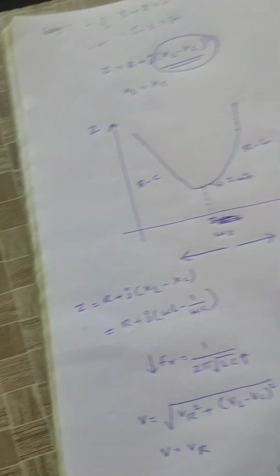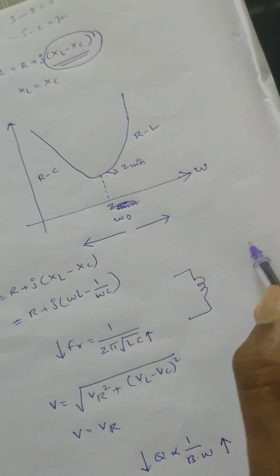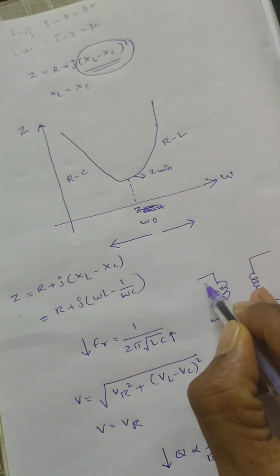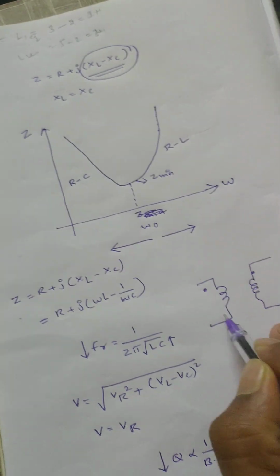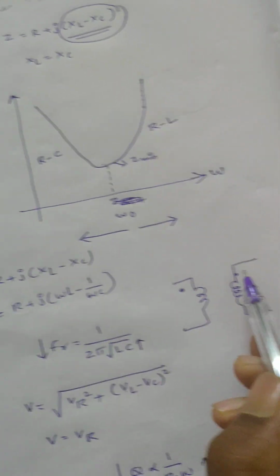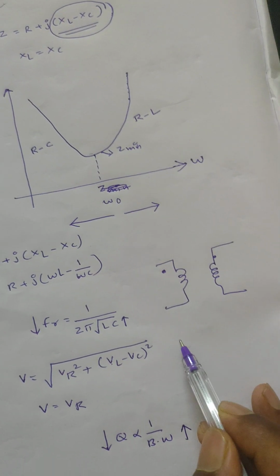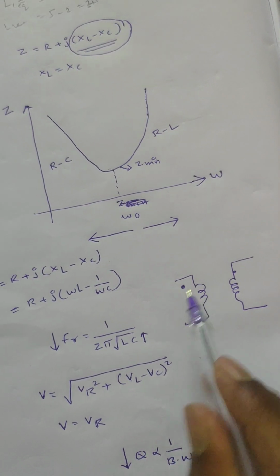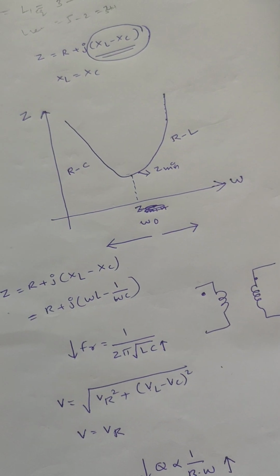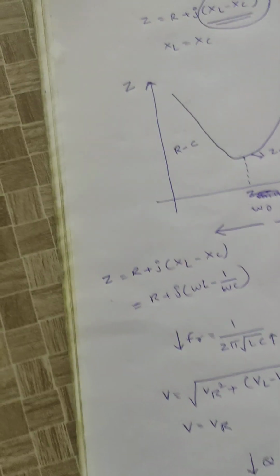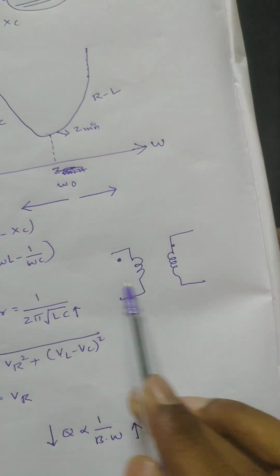Okay, see here, two coils, right? In both the coils the current is entering, the dot indicates current entering into the coil. Okay, in this case also the flux is added, right?